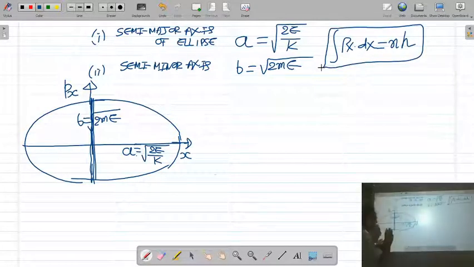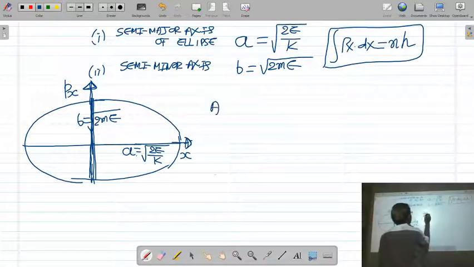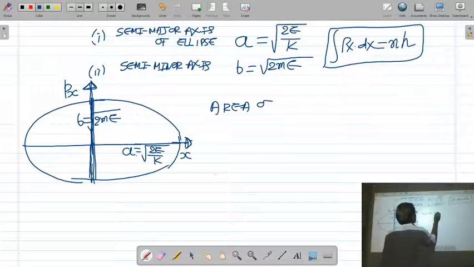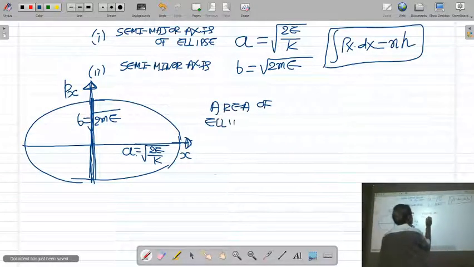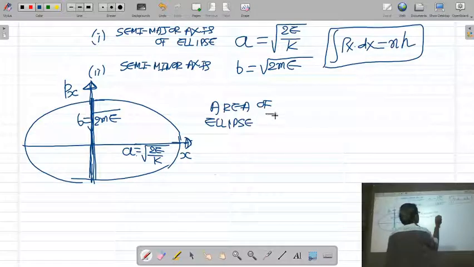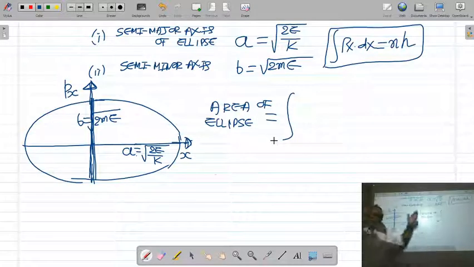See here in this ellipse, momentum coordinate px we have taken along y direction and x coordinate we have taken along x direction. So what is the area of the ellipse? Can you tell me what is the area of this ellipse?